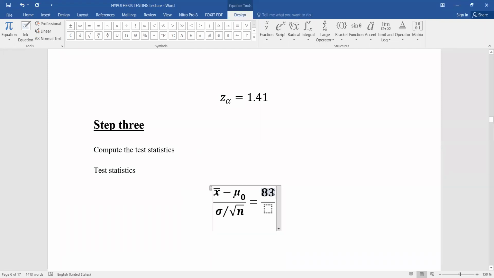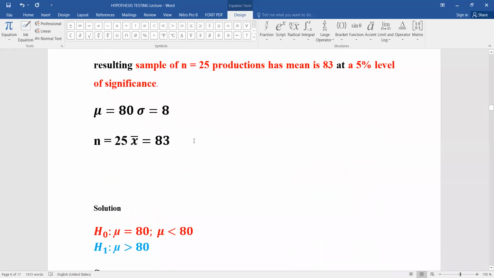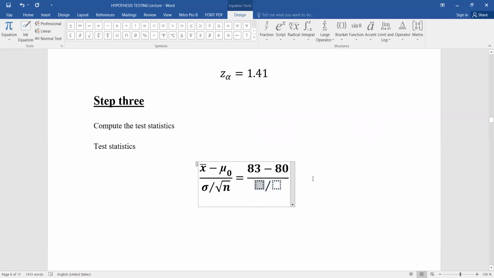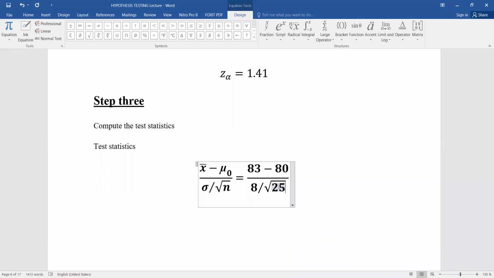X bar was 83 minus 80, which is our mu, over our standard deviation, which was 8, over root 25. N was 25. So calculate and get me the value.